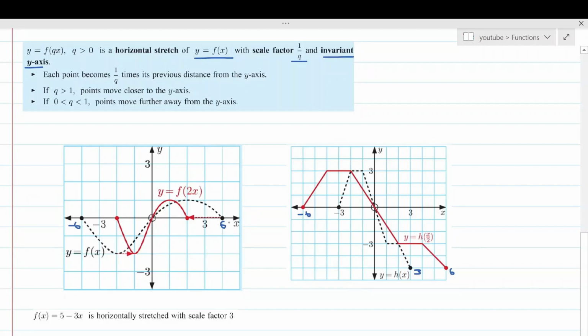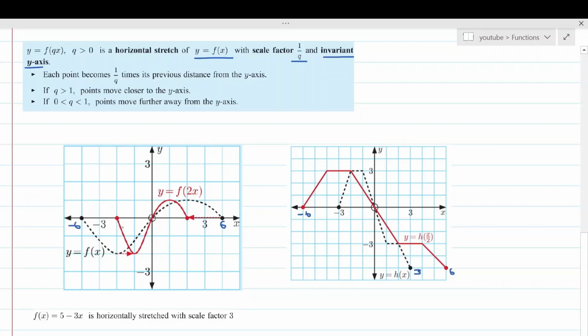In the old function, our x value was 6. Now we are saying that f(x) is f(2x), meaning our x value is going to become 1/q times. Since q is 2, 1/2 of 6 is going to be 3. Similarly, our value of minus 6 is going to become minus 3.